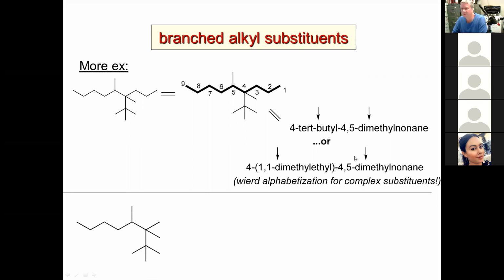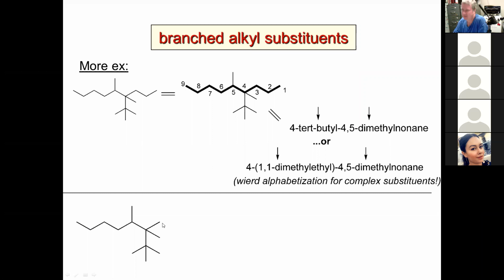How about this? Let's do this one. First thing you do, we always build a name right to left, meaning we find the longest chain. Anybody know what it is? Octane? You got it. Now I was trying to trick you, but it didn't work, because a lot of people will just say, let's go left side to right side, and it looks like 1, 2, 3, 4, 5, 6, 7, and you're like, oh, it's heptane.